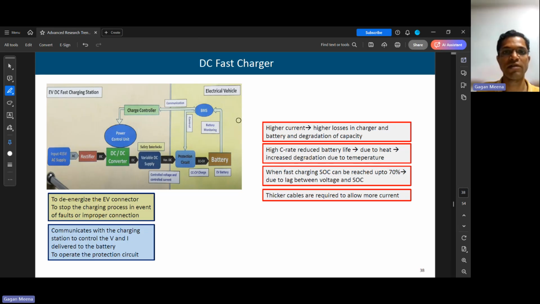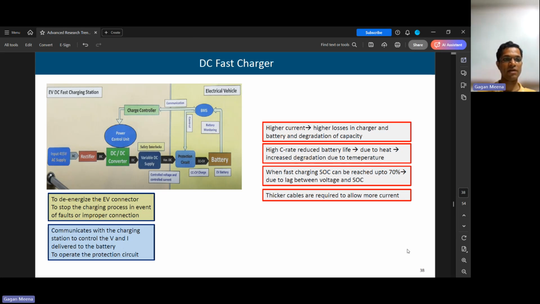So here we need to see how the DC fast charger works. Here we have the electric vehicle and here we have the EV DC fast charging station. The DC fast charger is not on board, it is off board and it's a big charger. On board chargers are small because we need to save the cost and reduce the weight of the vehicle.